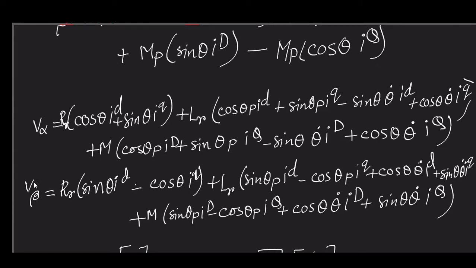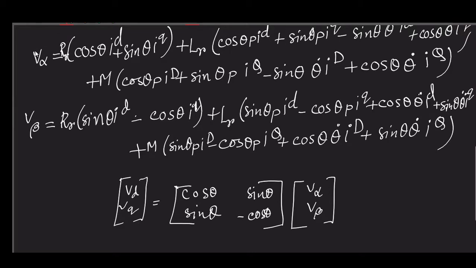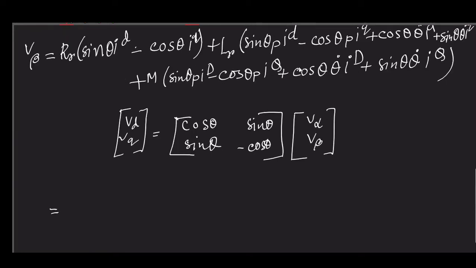What I'm going to do is replace V alpha by this entire equation. I will write the entire equation here, and then I will write the entire equation for V beta here, and then I will multiply cos theta with this entire term, sin theta with this entire term, and then we'll add them up. I'm going to write the complete form.